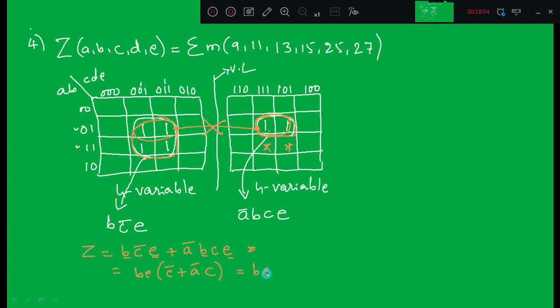And finally you can write B E, applying a Boolean theorem, because we know that A plus A bar B is equal to A plus B, right? As per the Boolean theorems, A bar plus AB is also equal to A bar plus B, right?